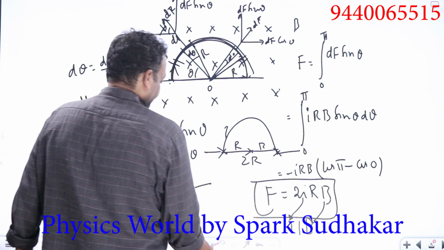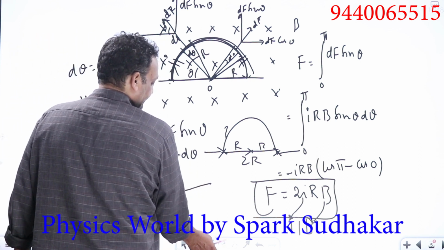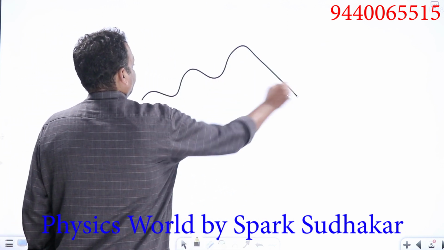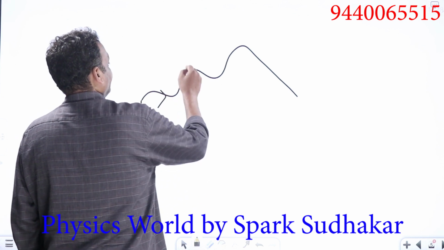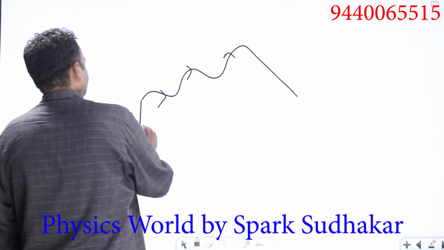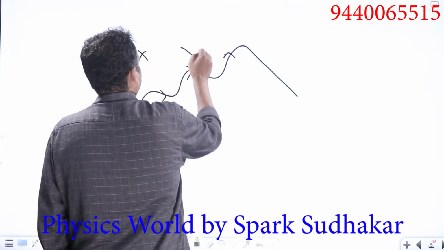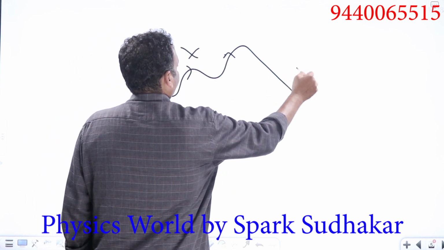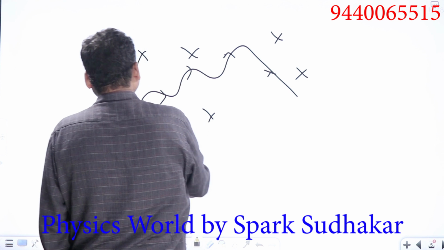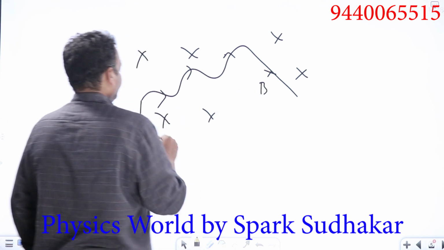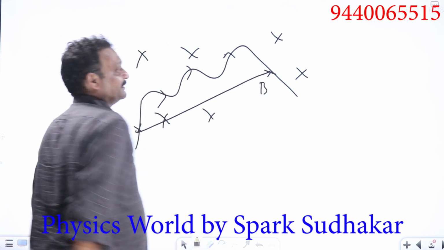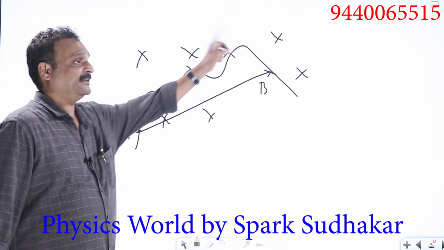So now we can understand the picture like this. Let the wire be in any shape like this, a current carrying wire, placed in a uniform magnetic field of induction B. What is the force between the 2 points A and B? It is only the effective length which is important, irrespective of the shape of the wire.